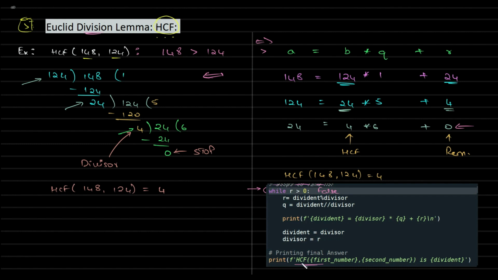In this case, I have told it that the HCF of the first number and the second number is the last dividend. I've written the dividend because I could have written the divisor also, but you don't need to think about why. It's to do with coding, right? In this case, this is your divisor. Right, same procedure, but three different ways.